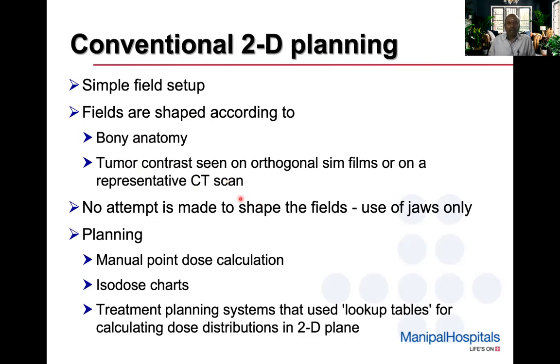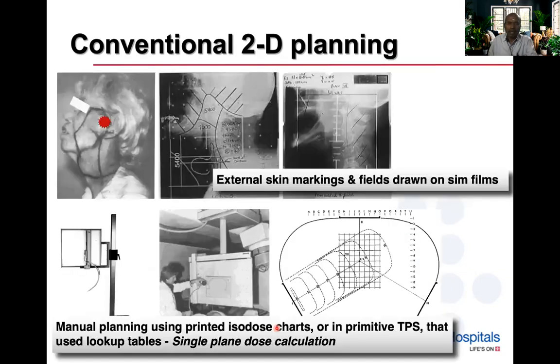We don't make any serious attempt to shape the fields. At the most, we just place some non-divergent blocks, and we always use only jaws. And for planning, we either use manual point dose calculation or we use printed isodose charts. And the treatment planning systems, if at all they are used, always used only lookup tables for calculating the dose distribution in simple 2D plane.